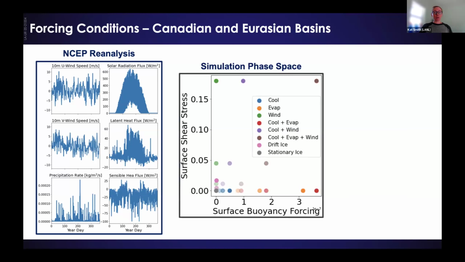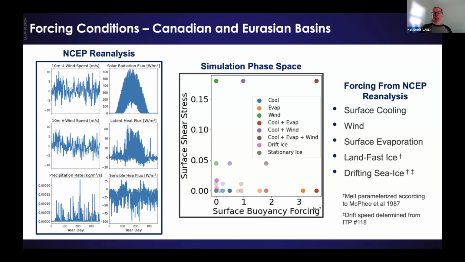And then we span a surface shear stress and surface buoyancy forcing space to get an idea of the full range. We do this by applying a surface cooling, a wind stress at the surface, evaporation, a land-fast ice, and a drifting sea ice case.